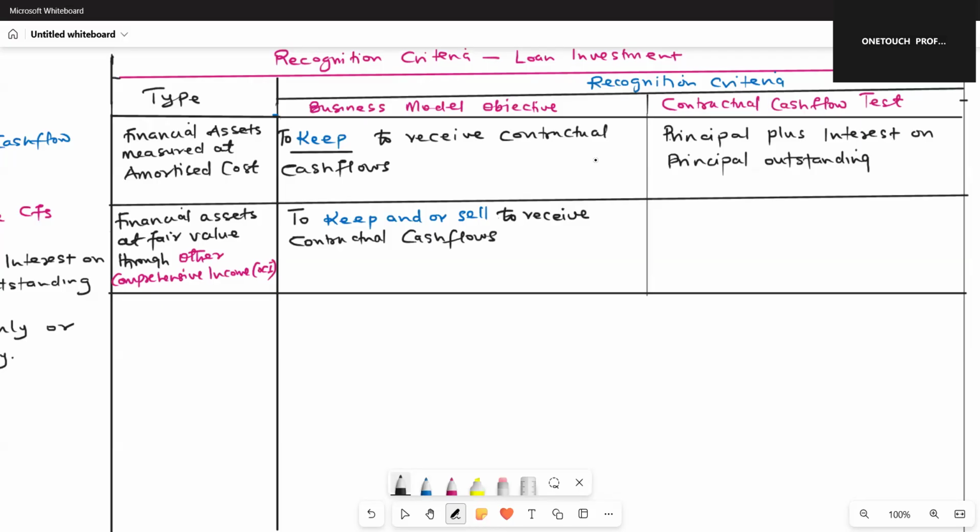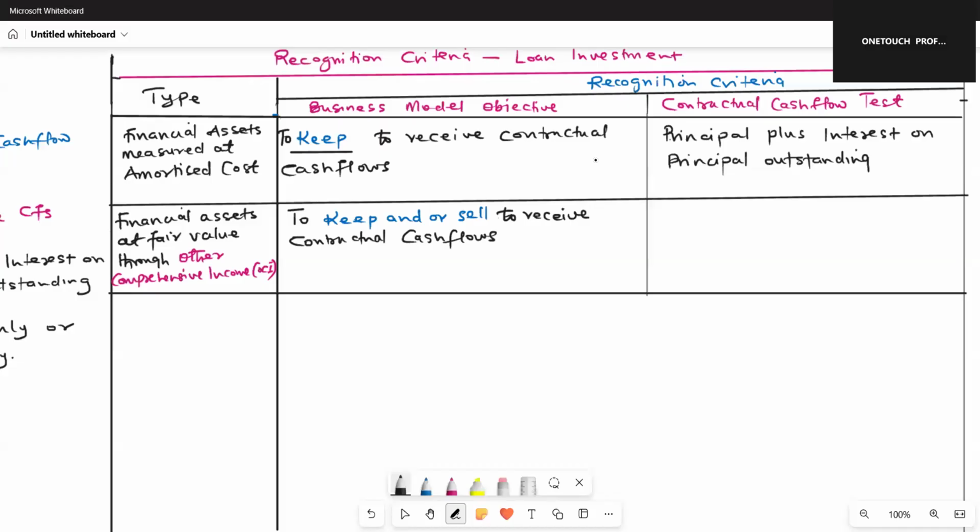The difference is that the first one at amortized cost, because the intention is to keep up to maturity, you are going to receive the full interest on the principal. But the financial asset at fair value through OCI, that one you can sell part at any time. So if during the year some part has been sold, it means that the interest that you get on maturity will be different. The principal that you get will be different.